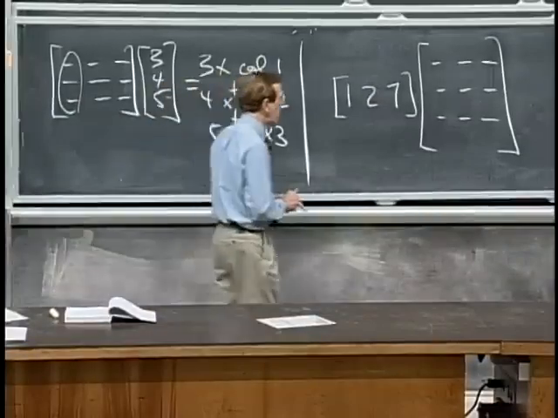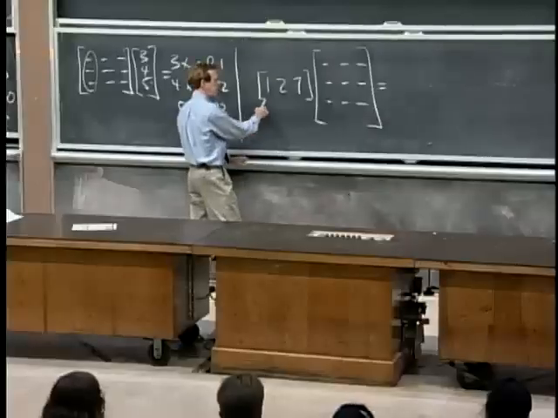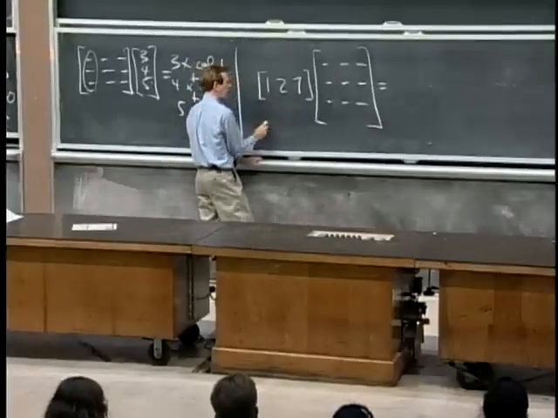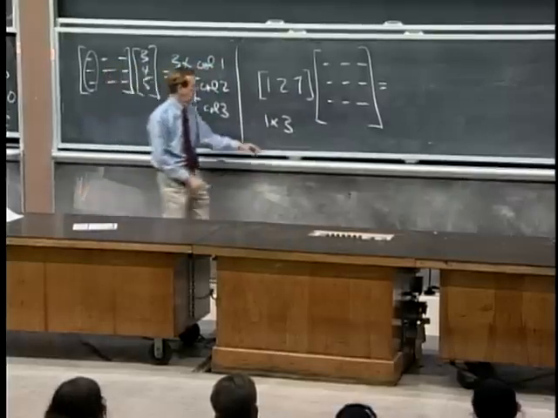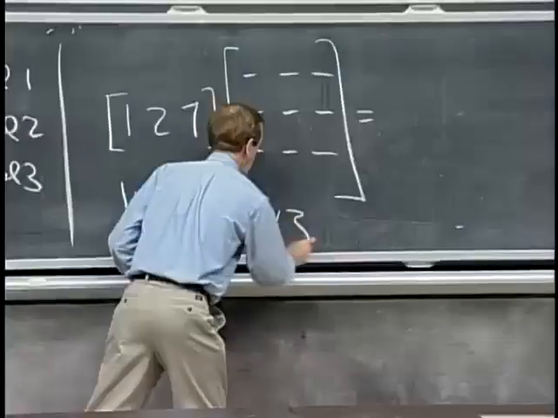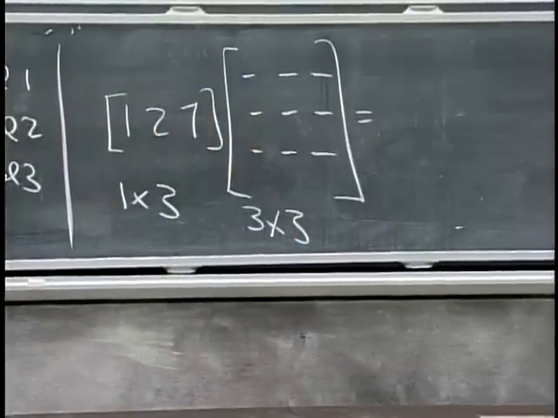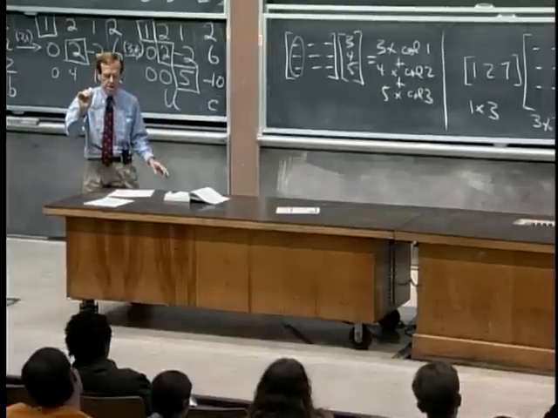Okay, how does it work by rows? That's a row vector. I could say that's a 1 by 3 matrix, a row vector multiplying a 3 by 3 matrix. What's the product of a row times a matrix?